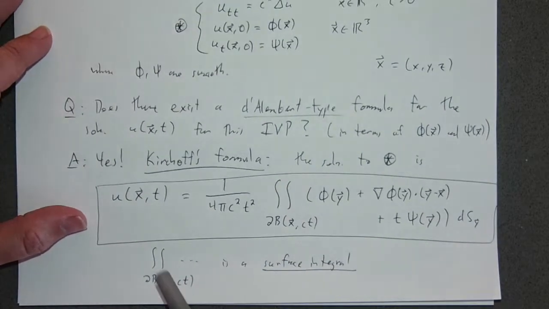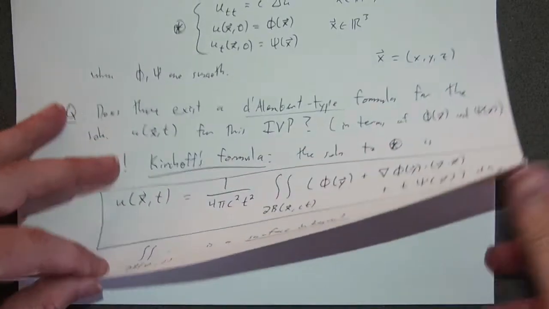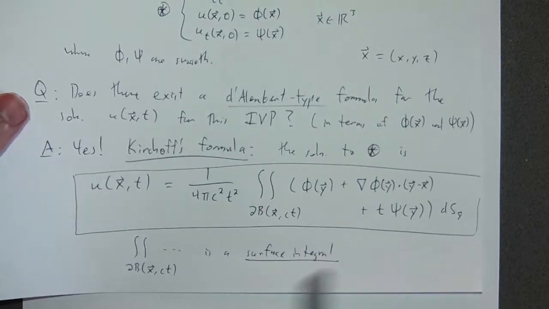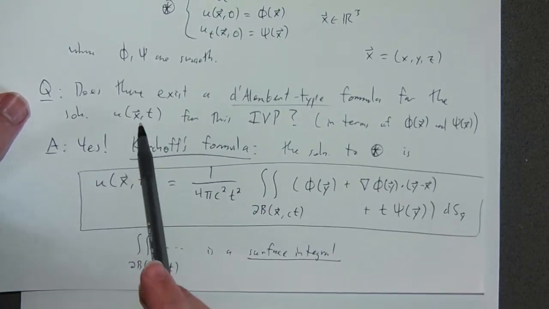So not the interior points of this ball, just the surface, just the boundary. Now, to help our intuition, we're going to replace this x with an x naught. I'm not doing anything here; all I'm doing is trying to emphasize the fixed nature of this x in this expression.